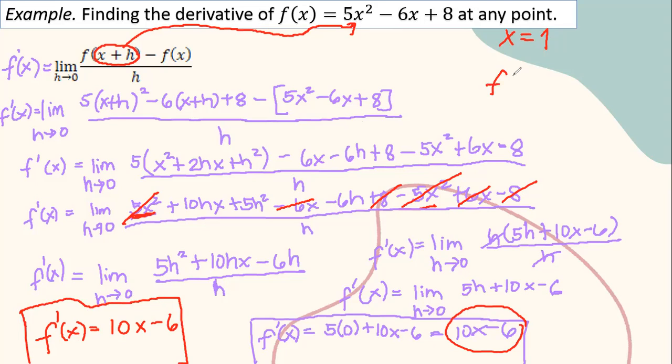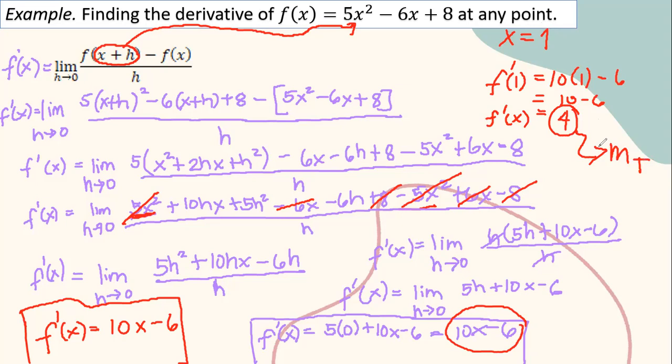So f prime of 1, that will be 10 times 1 minus 6. And the slope will be 10 minus 6 will be equal to 4. Okay? So, nakuha na natin yung f prime of x at x is equal to 1. Okay? 4. And that is also the slope of the tangent line.